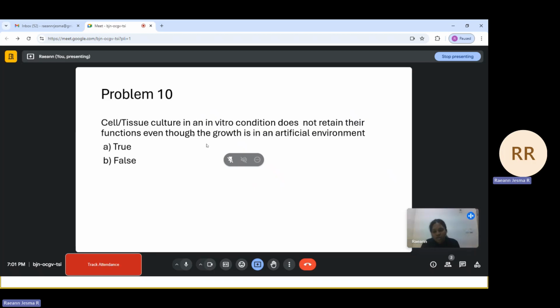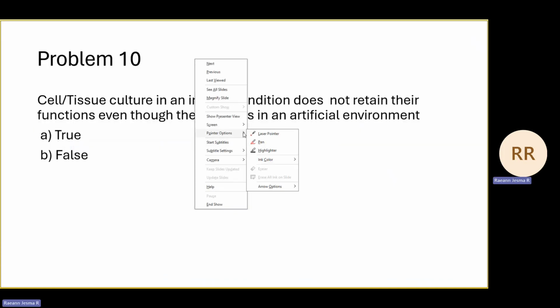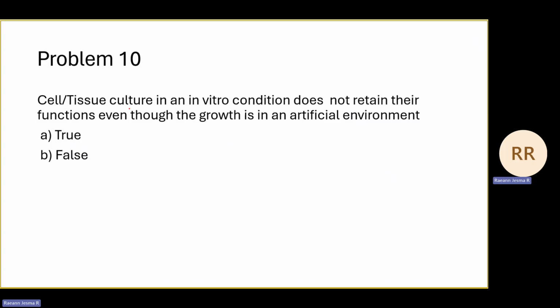Option A true, option B false. So which one is the correct answer? Here we are looking at what kind of environment it is, in vitro condition. When we are doing tissue culture in vitro, will the cell retain its original function or not?